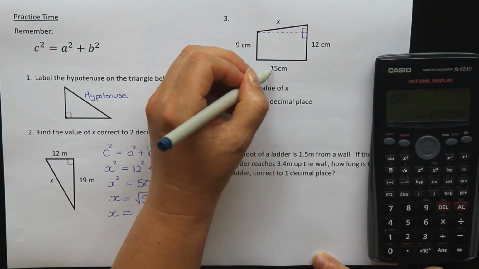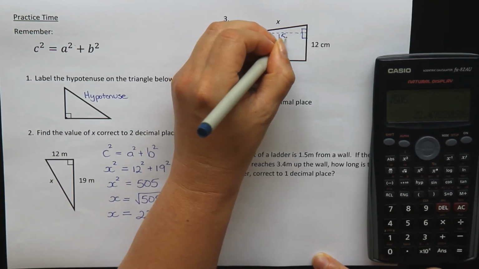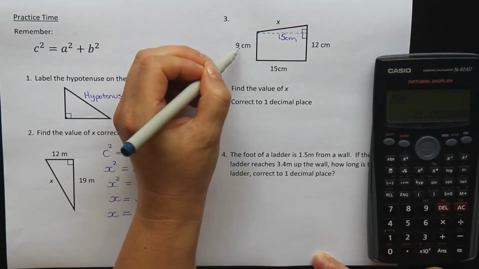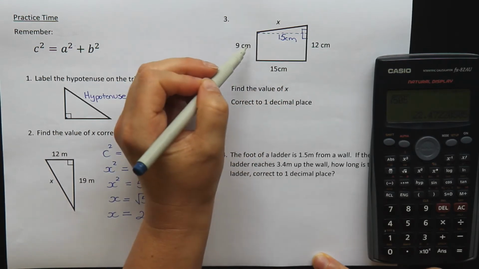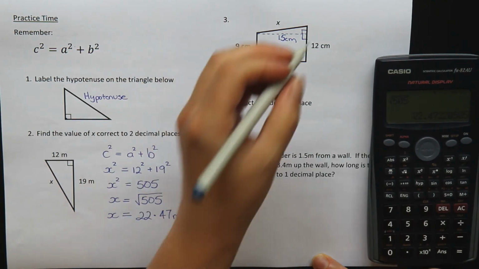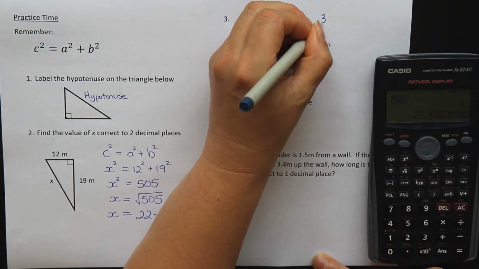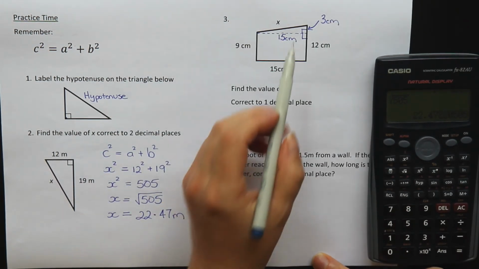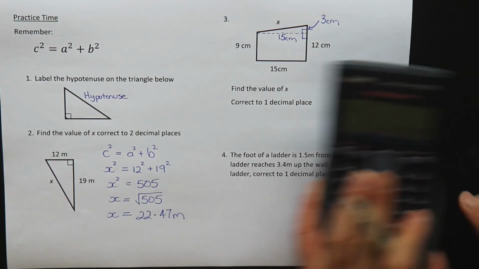Now because it's a rectangle, if this is 15, this side here is going to be 15 centimeters. This 9 centimeters and 12 centimeters, if I subtract those 2 sides there, 12 minus 9 is 3, that would be the length of this little side here. So I have a right angle triangle, I've found my 2 shorter sides, and I want to find the hypotenuse.